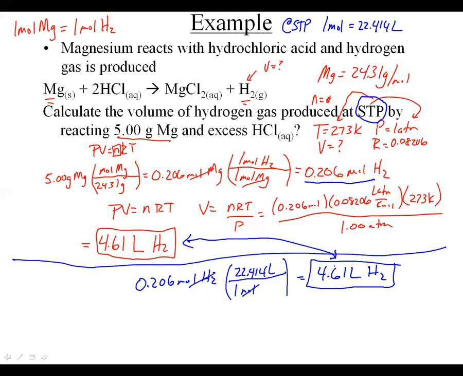So again, remember that if you are at STP conditions, you could use that conversion, but also remember, like we talked about, it is only when you're at STP conditions can you use that conversion factor. If you're not at STP conditions, you have to use the ideal gas law. And if you are at STP conditions, you could do it either way. As you can see, you will get the same answer. But again, if you're not at 273 and 1 atmosphere, you definitely shouldn't use the 1 mole equals 22.414 liters.